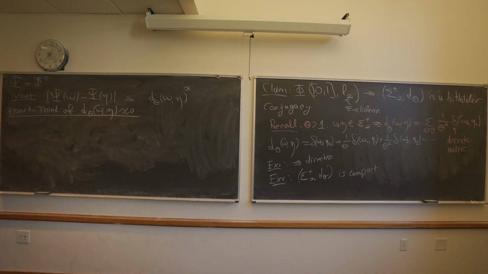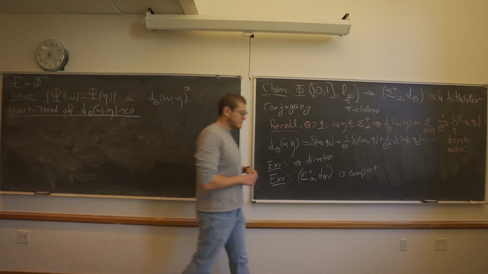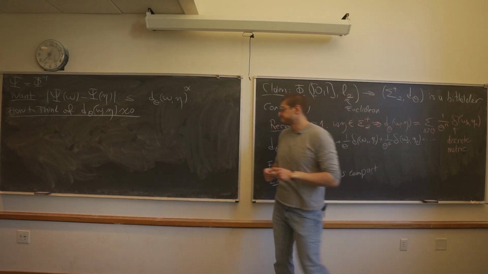Let's try to understand what it means for omega and eta to be epsilon close to each other.